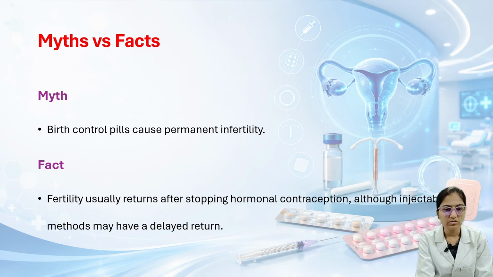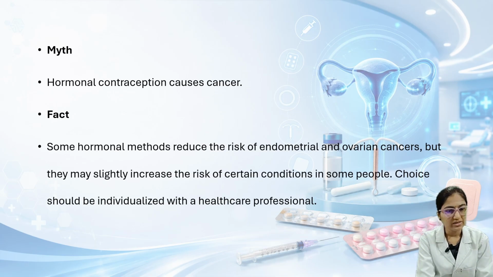We'll see myths versus facts. The myth: birth control pills cause permanent infertility. The fact is, fertility usually returns after stopping hormonal contraception, although injectable methods may have a delayed return. Second myth: hormonal contraception causes cancer.